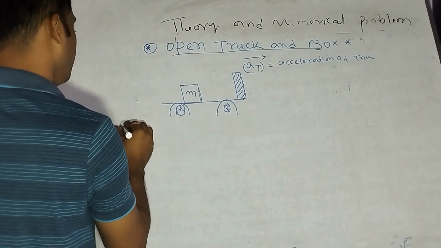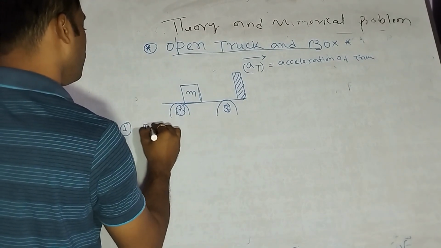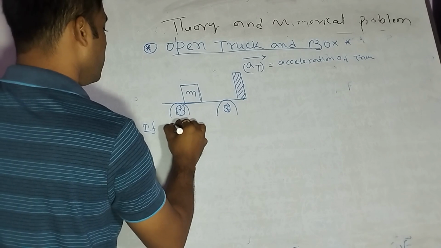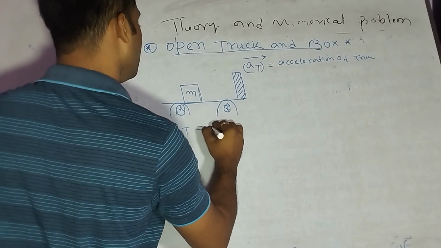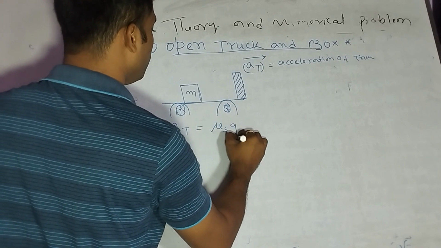First, condition 1: if the acceleration of the truck is equal to mu s g. What is mu s?